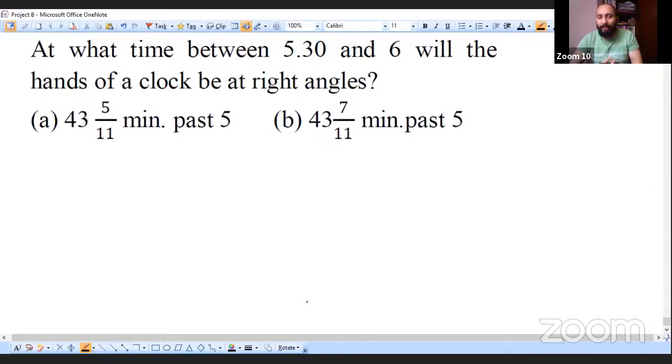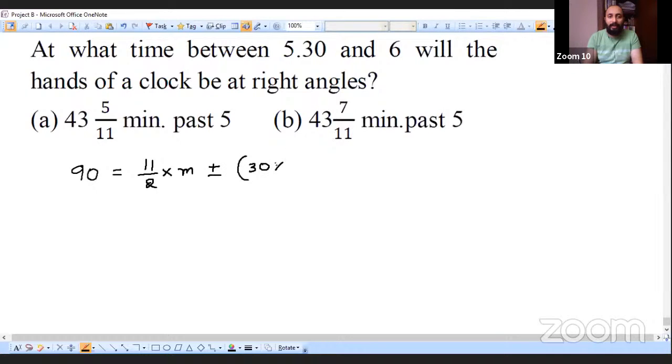Don't worry about 5:30 and all. You can directly go up to 90 degrees here. 90 degrees is equal to 11 by 2 into minutes we are finding, plus or minus 30 into hour.